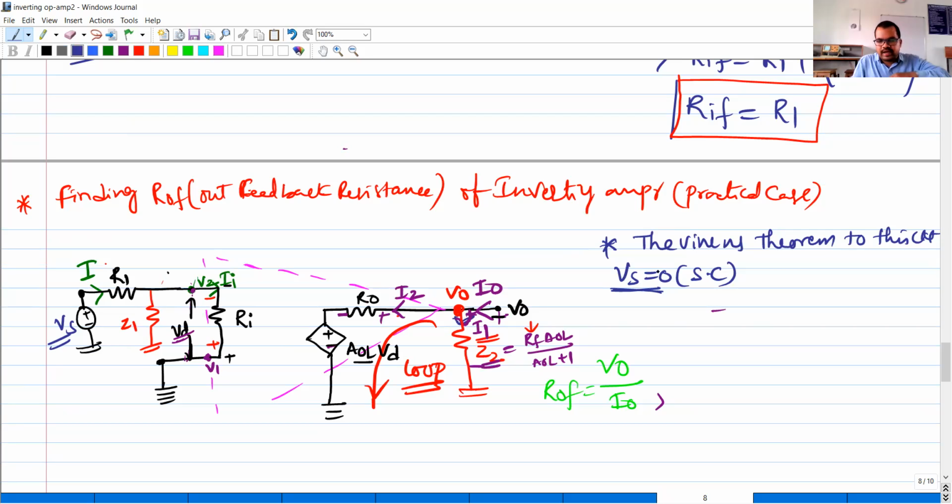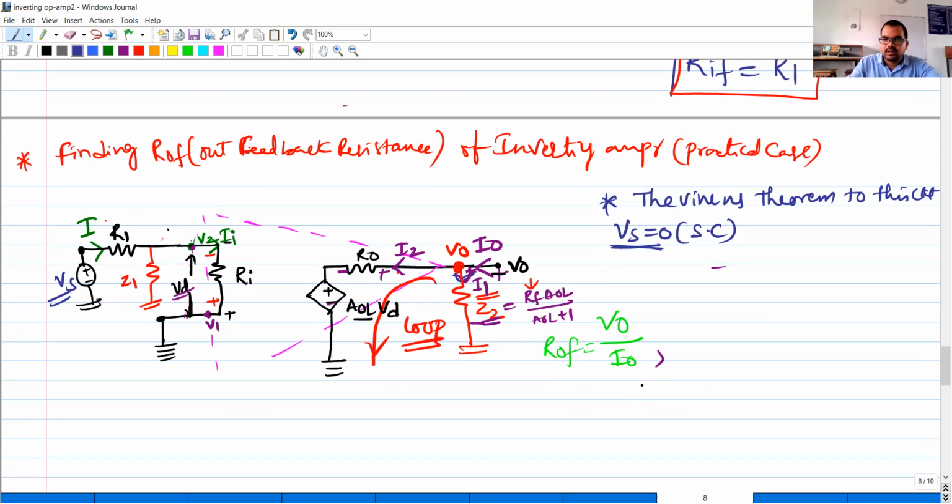Because of that, we get Vs equal to 0. And here I am going to find ROF, the output feedback resistance. So ROF is equal to output voltage by output current.